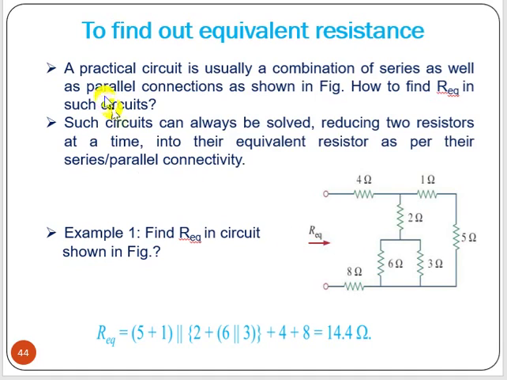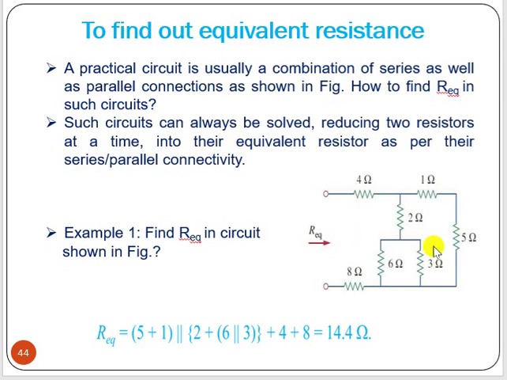Okay. Now to find the equivalent resistance between these two points, we can see that this 5 ohm and this 1 ohm resistance are in series, so we add them, 5 plus 1, that is 6, which is parallel with these two in series.